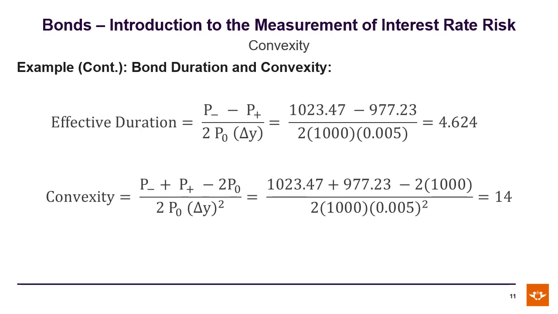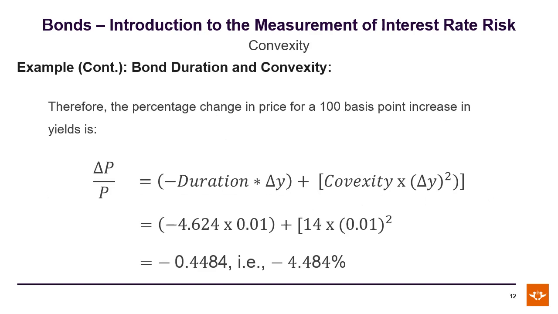So for a 100 basis point increase in yields, which is a 1% increase in yields, the change in price will be minus 4.484%. So prices will decrease by nearly 4.5% when bond yields increase by 1%, using the information on duration and convexity we calculated in the previous slide.